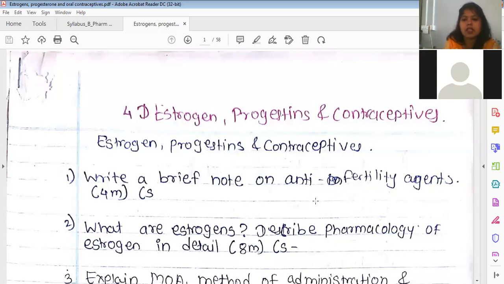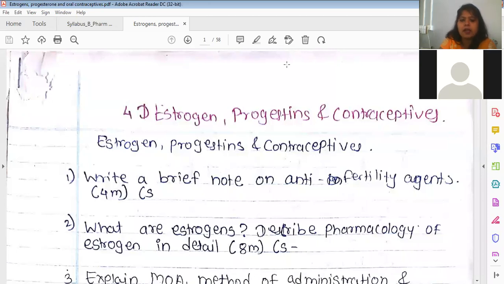We have to start fast because we don't have that much time. This chapter is approximately 50 to 60 pages, just this one chapter. So we will cover very fast. If possible, if you have any queries, ask in between. Don't have any problem. So we will start with this, that is the estrogen, progesterone and oral contraceptive.